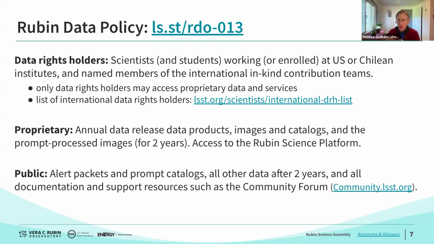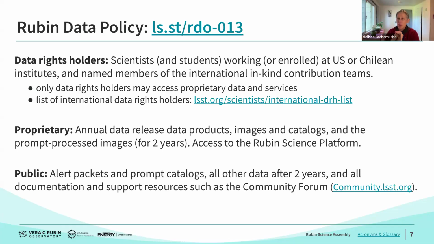Data rights holders are defined as scientists and students who are working or enrolled at a US or Chilean institute, plus named members of international in-kind contribution teams. Those are the people who have data rights and can access the proprietary data and services like the RSP. And the list of all of the international data rights holders is, oh, that's an old link. We will fix that link. It lives in a new place now, but we'll get that fixed.